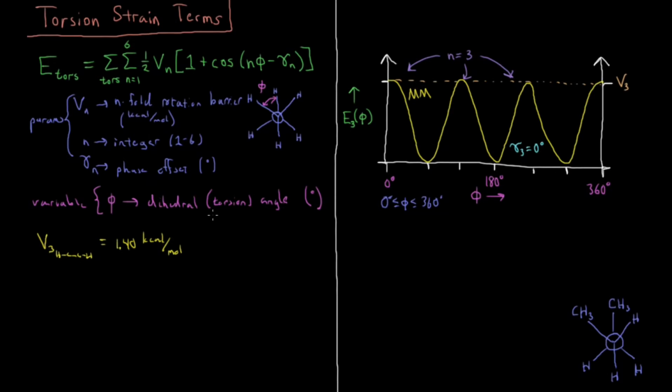As I said, for something like HOOH, hydrogen peroxide, there's only one path that we can take. It's just HOOH. That's the only path we got. If we're looking at something like ethane, as I had drawn up there, looking at it from the side, it's got H and the two H's up there.